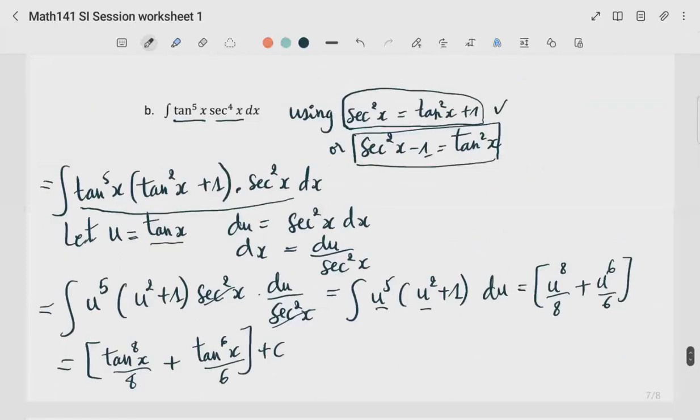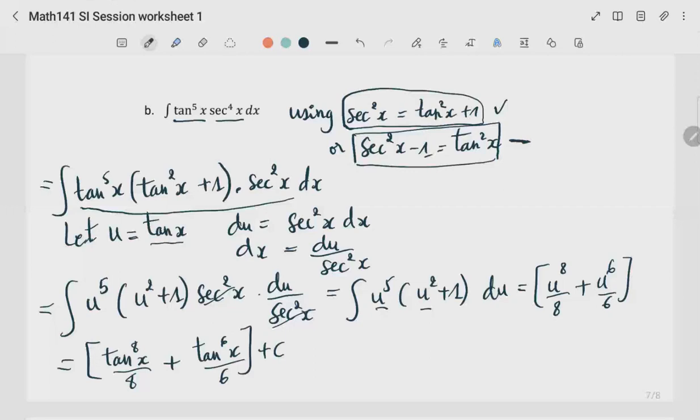Now, you could try as an exercise the second substitution that was suggested. Try it and see where it leads you.